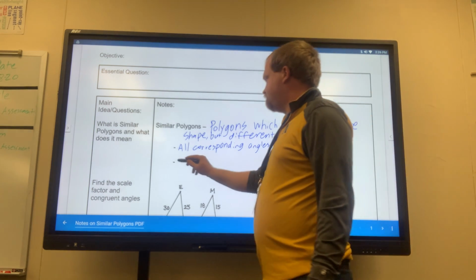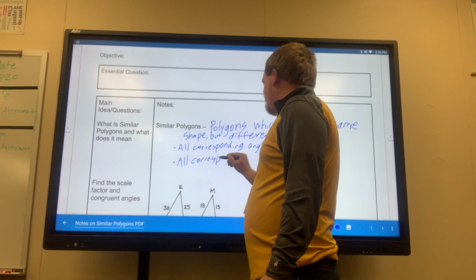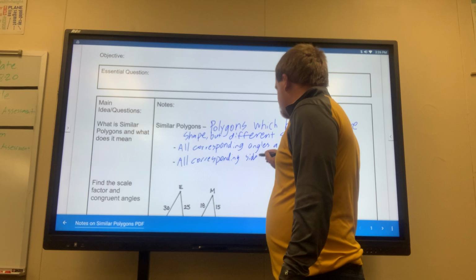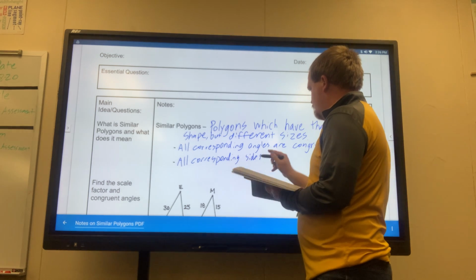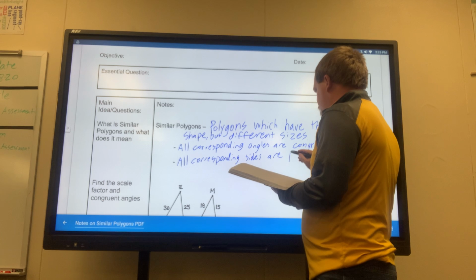Now, all corresponding sides are proportional.